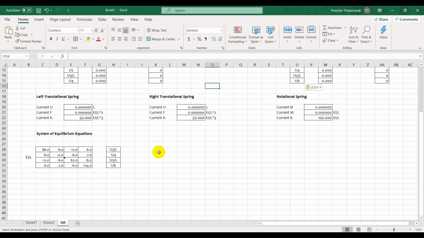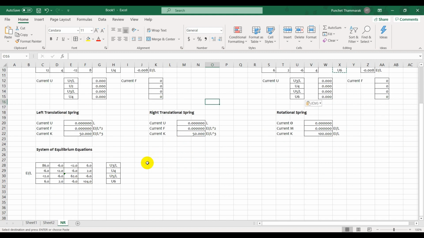Alright, then this part here, when you set up the system of equilibrium, we are solving for the residual. We are solving for the displacement increment that corrects the residual force between the applied and the internal resistance.